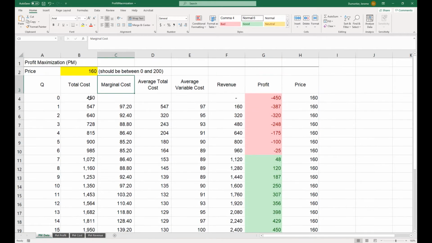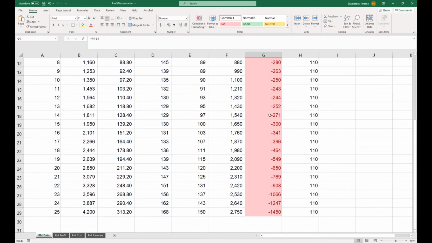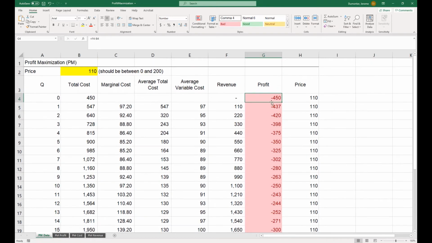Now, what happens if the price is actually decreasing? Suppose it is now, say, $110. Then we can see that there's not a single quantity that we can produce that gives us a profit, in the sense where our revenue is bigger than the total cost.